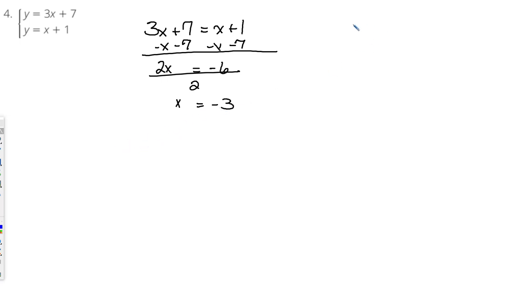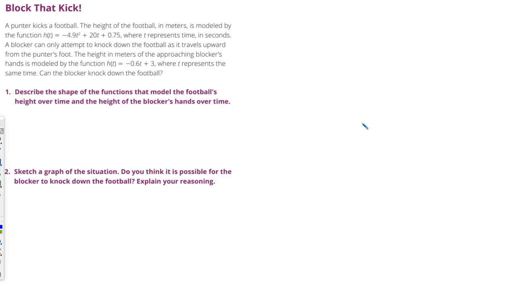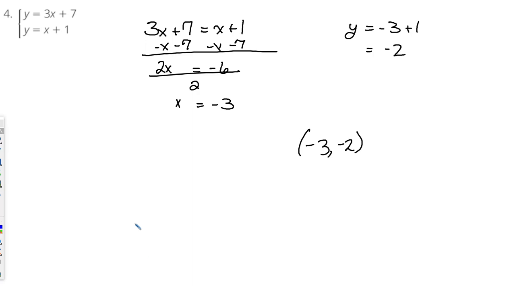And so when we plug it in, y is equal to negative 3 plus 1. So negative 2. So the ordered pair is negative 3, comma, negative 2. And so on all of these, when we were solving them, we came up with just one ordered pair that would work for both of them.